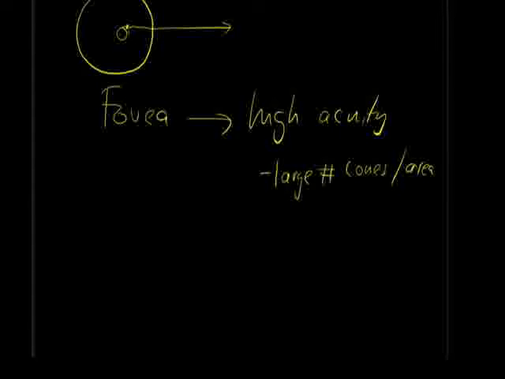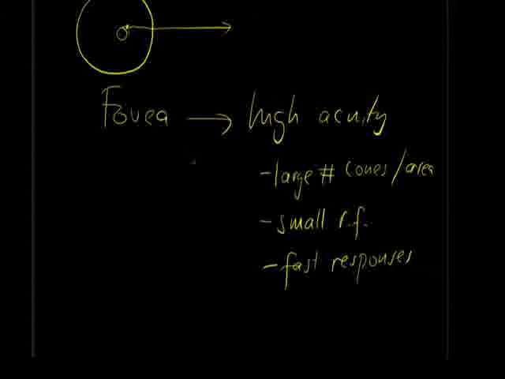So that's a bit like having a camera with very small pixels. If you've got lots of pixels packed in a small area, you've got a good camera image. And that correspondingly means they've got small receptive fields, and they're also adapted for fast responses to light. So that's how the fovea is adapted to high acuity.